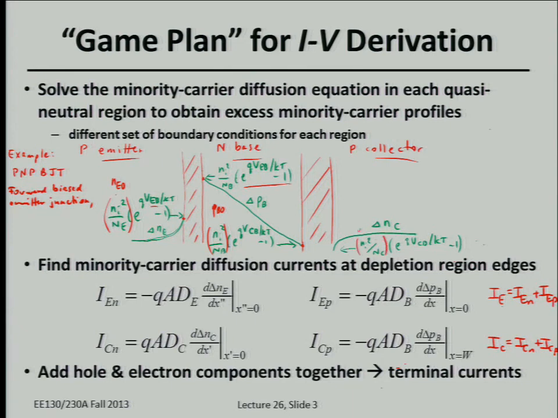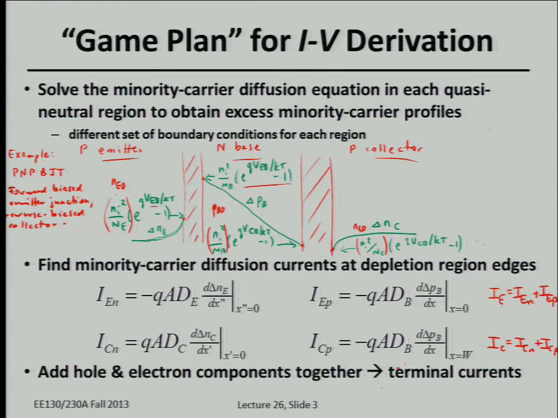And here the notation is NC naught, the minority electron concentration at equilibrium in the collector. So the concentrations at the edges of the depletion region are modified from the equilibrium values by the exponential factor, just like we studied before for p-n junctions. So we have a forward biased emitter junction and a reverse biased collector junction.